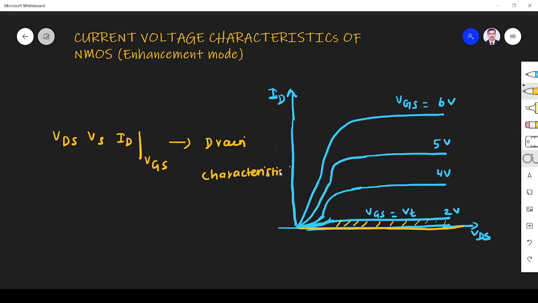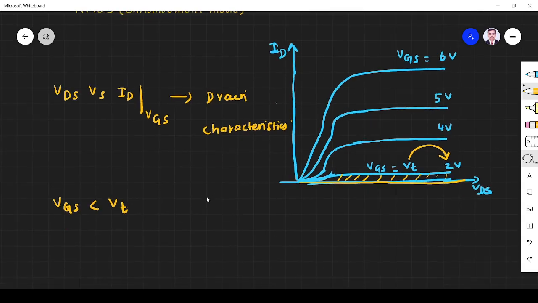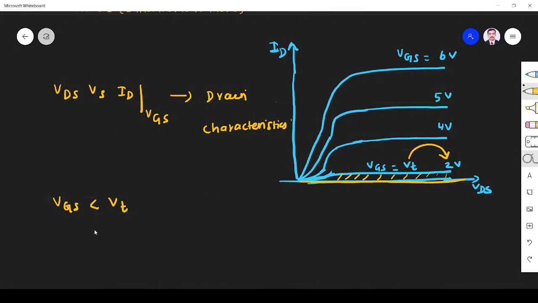Take this one here, you see V threshold is 2 volt. We learned from the operation of the NMOS that when VGS is less than V threshold, NMOS will not conduct or allow current flow.